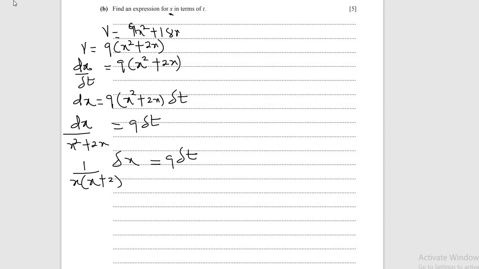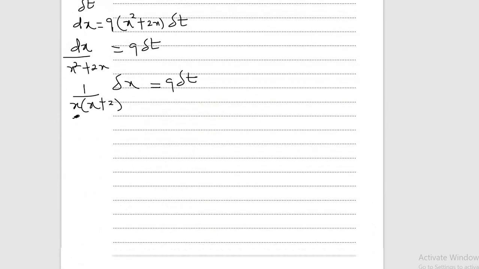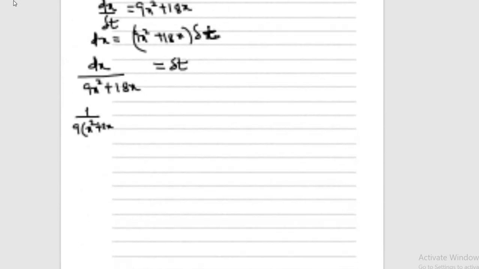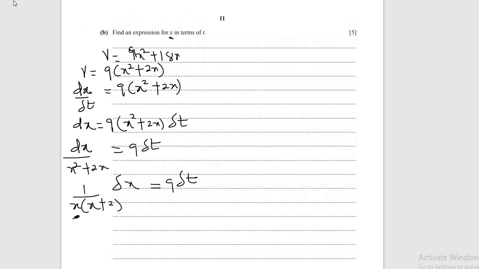Now, from here, we want to integrate both sides, but we can simplify this using partial fraction. As I want to simplify 1 over x into bracket x plus 2, it will be A over x plus B over x plus 2.